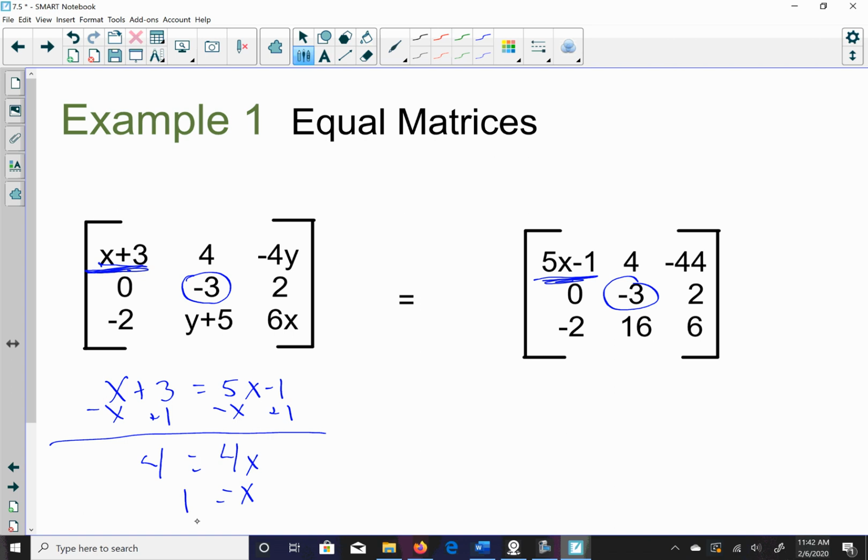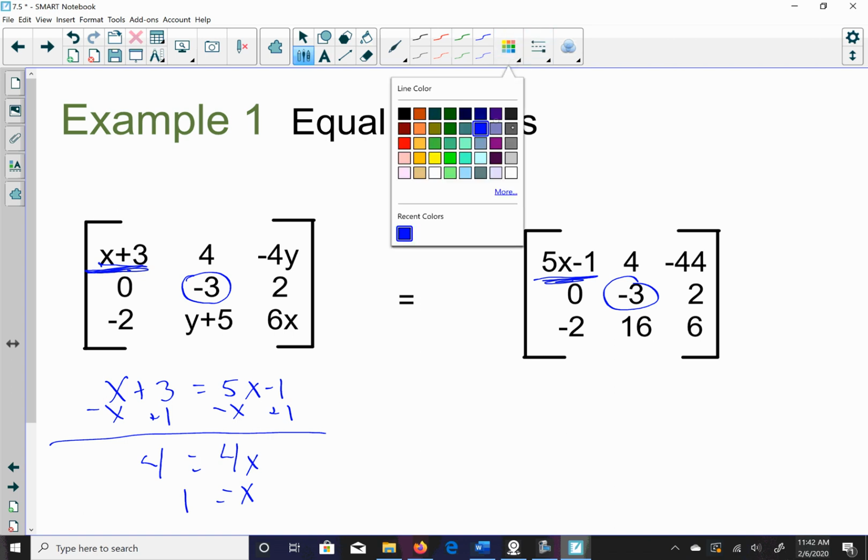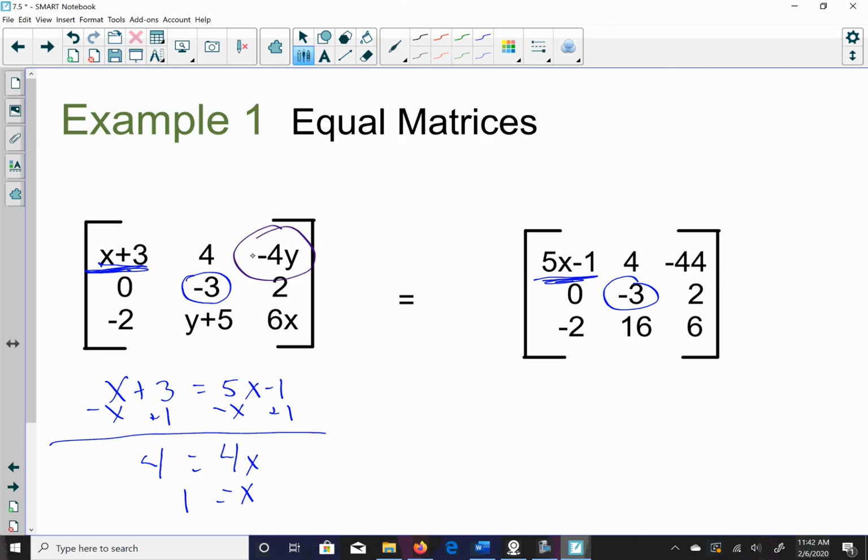Also, when I look at this matrix C, I see that I can solve for y. I have two places. I can use this one, row 1, column 3, and say -4y is equal to -44. Divide both sides by -4, and y is equal to 11.